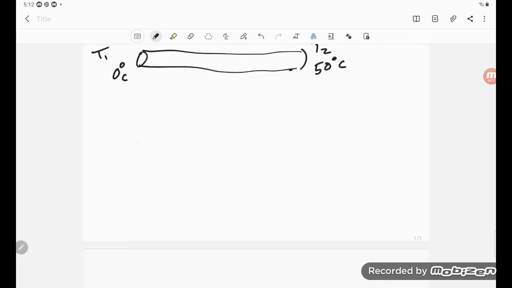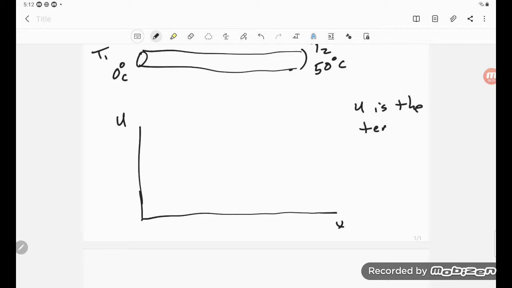So, for instance, if this is X, and this is U, the temperature, so U is the temperature, then what we would expect is something like, here's 10, and here's time 0, T0, something like that.